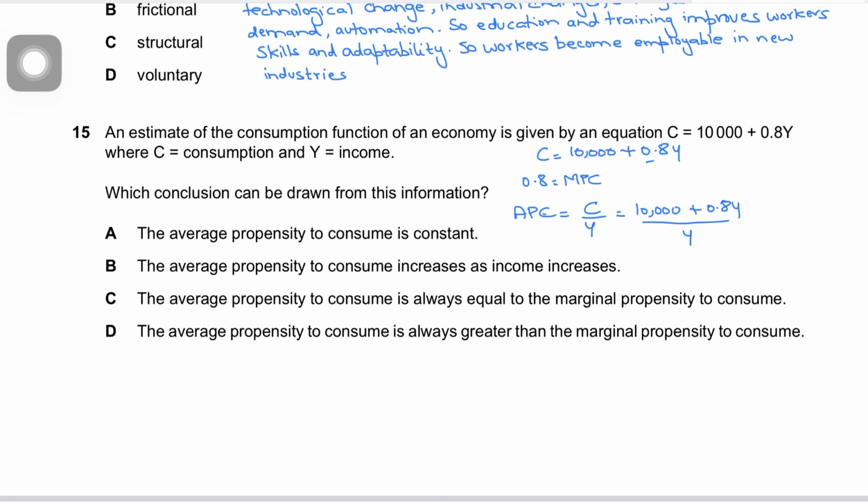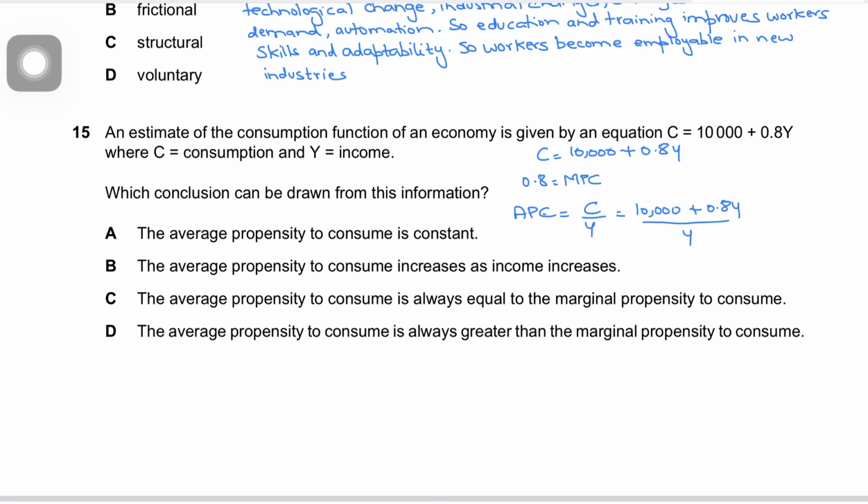So MPC is 0.8, and this is induced consumption, because for every $1, 0.8 of consumption is going up, which is representing the MPC. Now APC stands for average propensity to consume, and the formula is C upon Y, total consumption upon income.